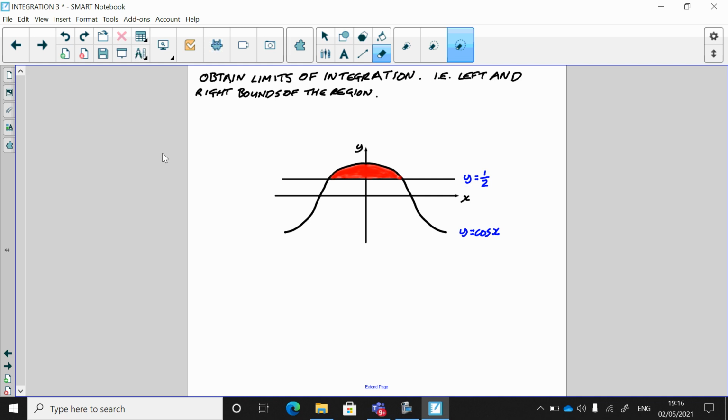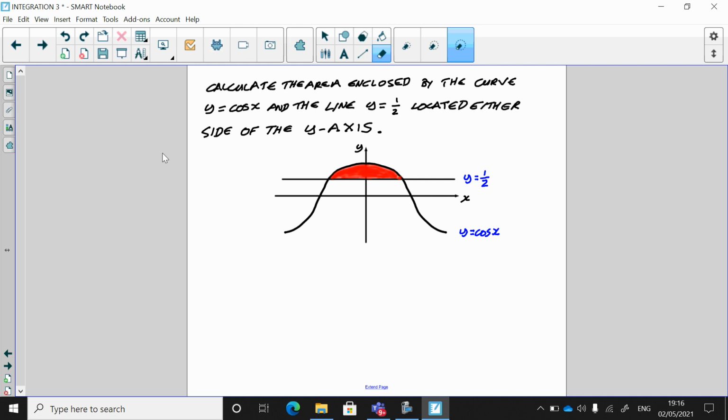There are several things that we need to deal with here. We need to know the extreme point left, the extreme point right, the upper curve, and the lower curve. And then that means we can encapsulate the area of interest.